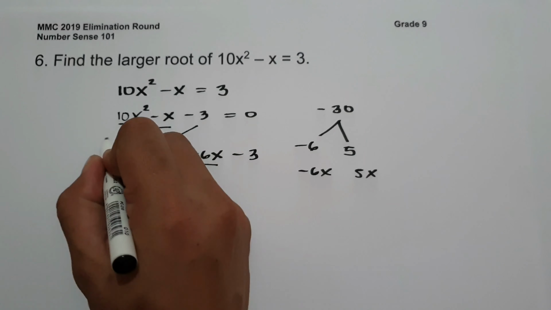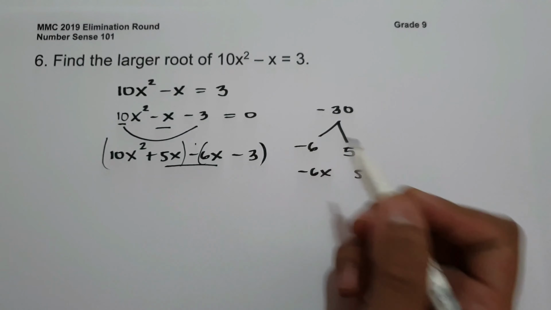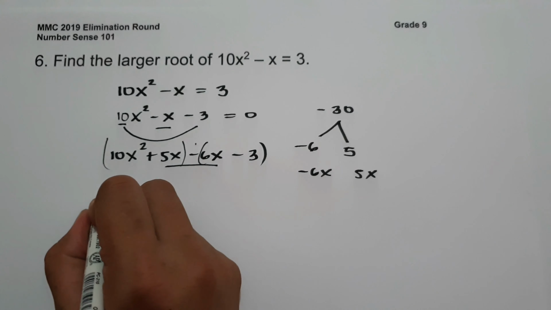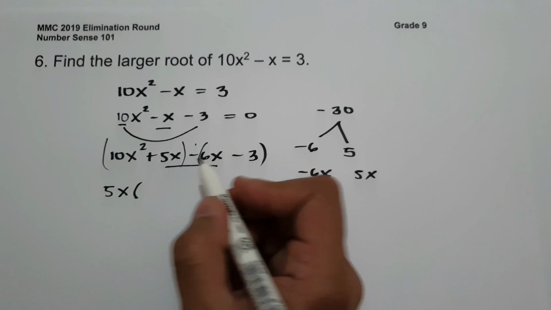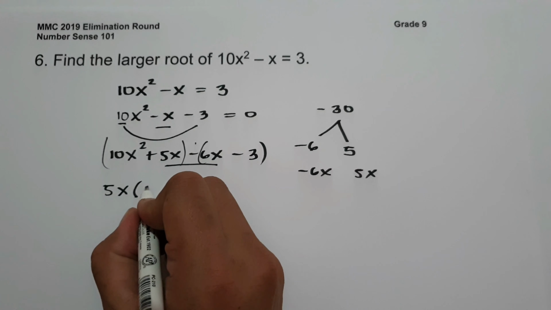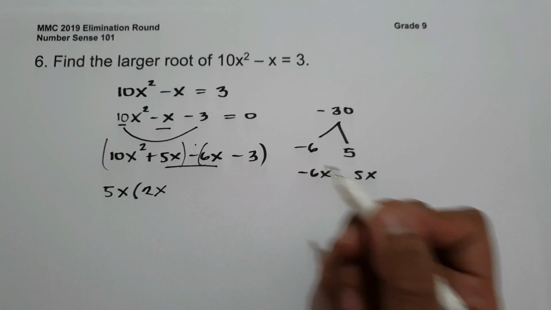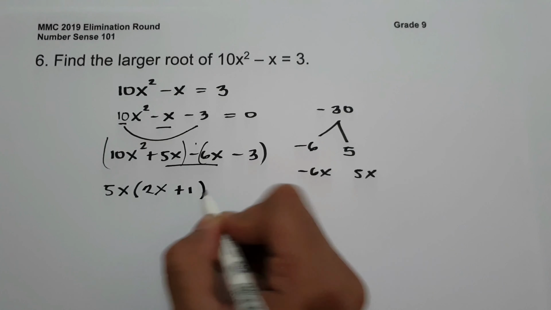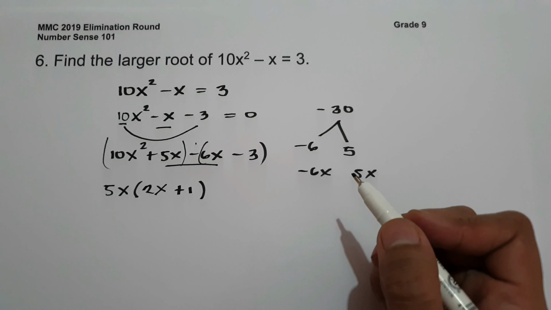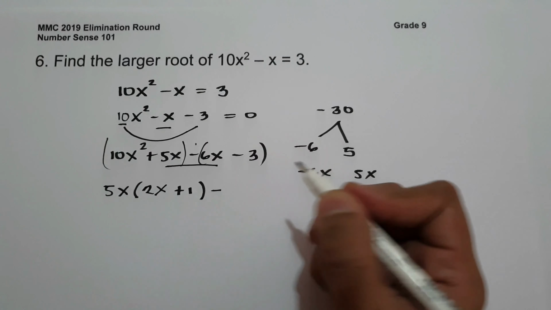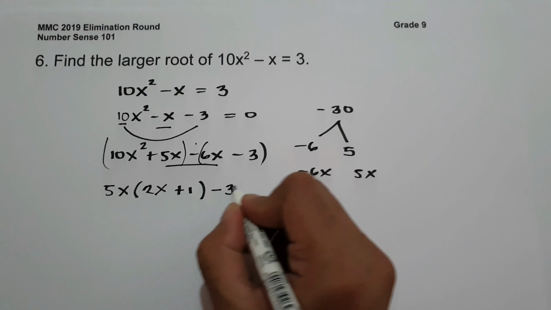So let us factor by group. The greatest common factor of 10x squared plus 5x is 5x. And 10x squared divided by 5x, that is 2x. And then 5x divided by 5x, that is 1. And then the greatest common factor of 6x minus 3, that is 3.